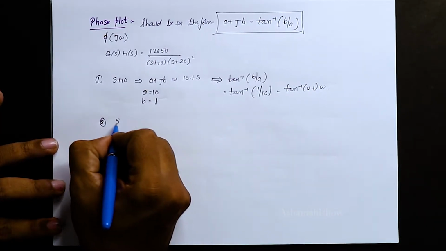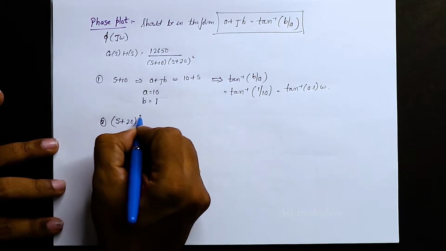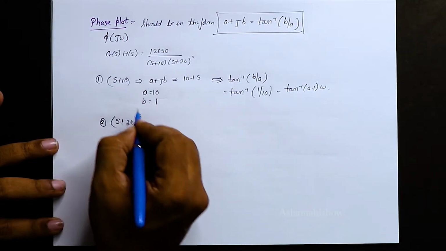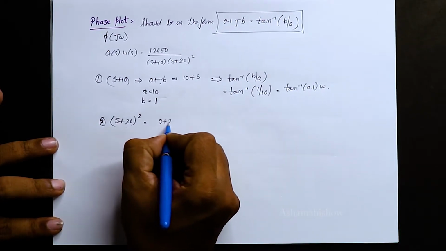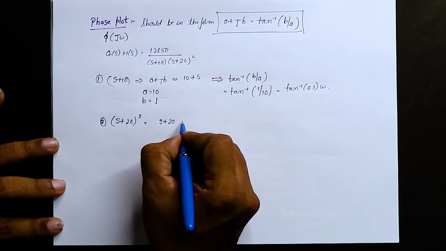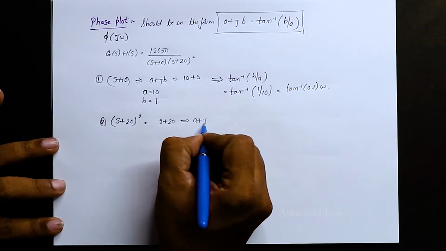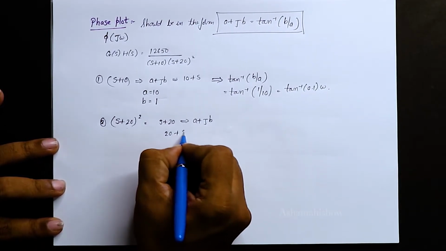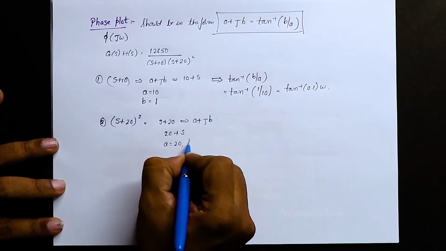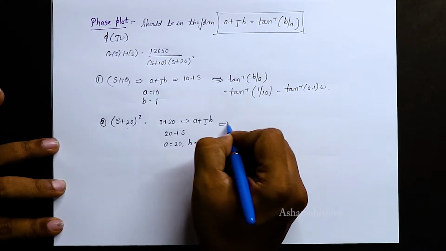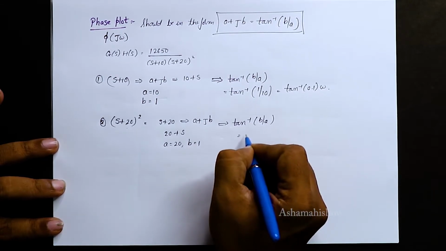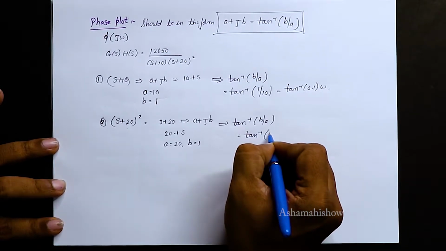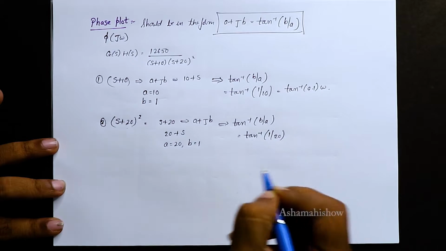The second one is s plus 20 whole square. We have a square here, and this square plays a very important role. So take only s plus 20 as of now. If I want to write it in A plus jB format, I'll reverse it as 20 plus s, where A is equal to 20 and B is equal to 1. So tan inverse B by A becomes tan inverse 1 by 20.